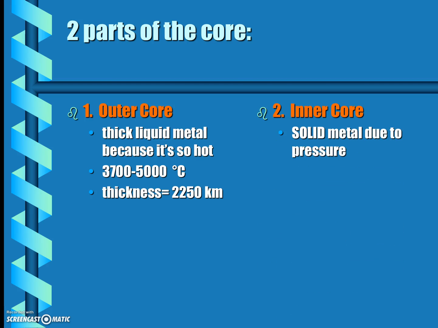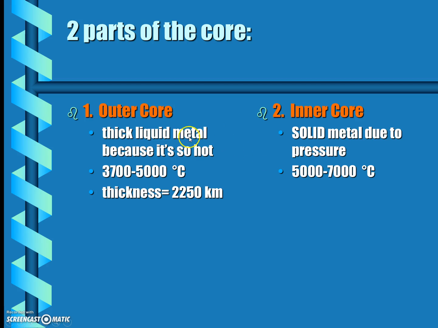And the inner core is actually solid because of all the pressure. Now, it is hotter, and you would think that, okay, it's hotter, it's definitely going to be liquid. It's not because of that pressure. And we'll look at this in class, but remember that the inner core is solid, and make sure that you highlight it, put a blinky sign next to it, that the inner core is solid, okay?